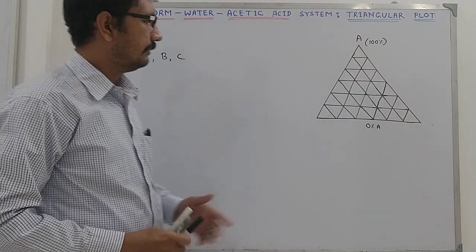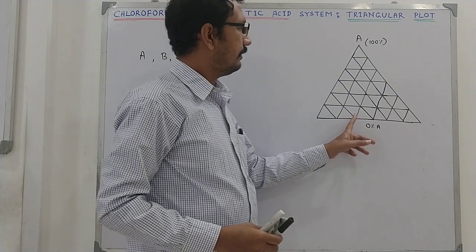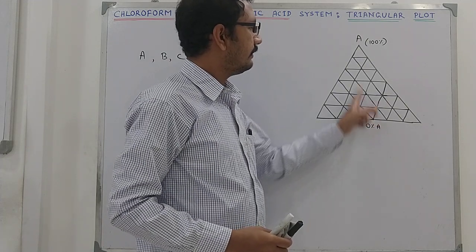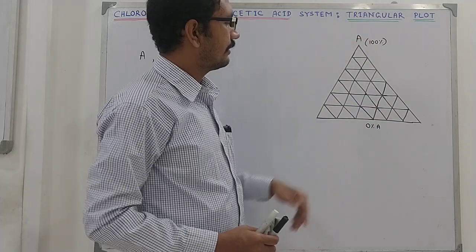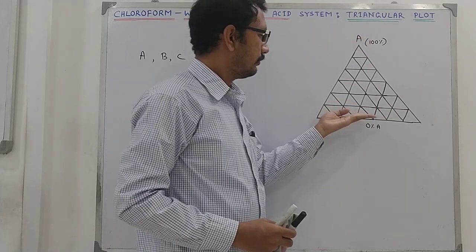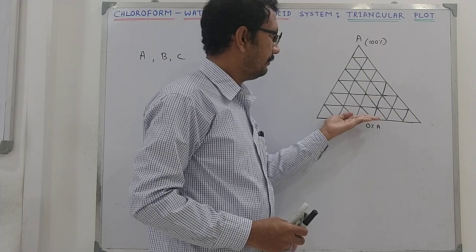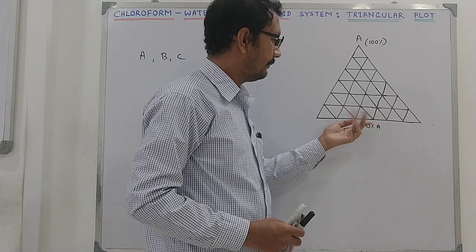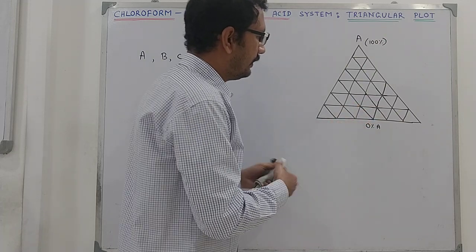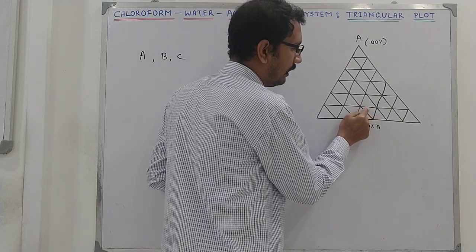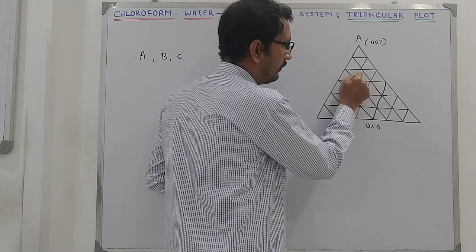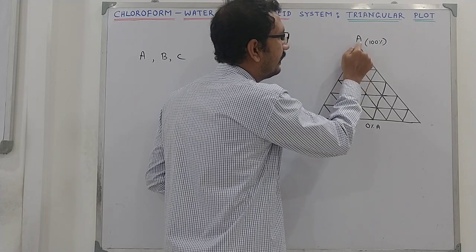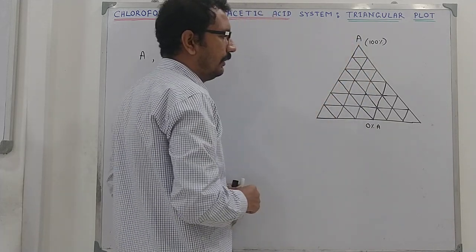Now you see, there are 6 triangles between the baseline and this apex. So actually 6 steps. See, from here to here it is 1 step, 2 step, 3 step, 4 step, 5 step and finally 6 steps.